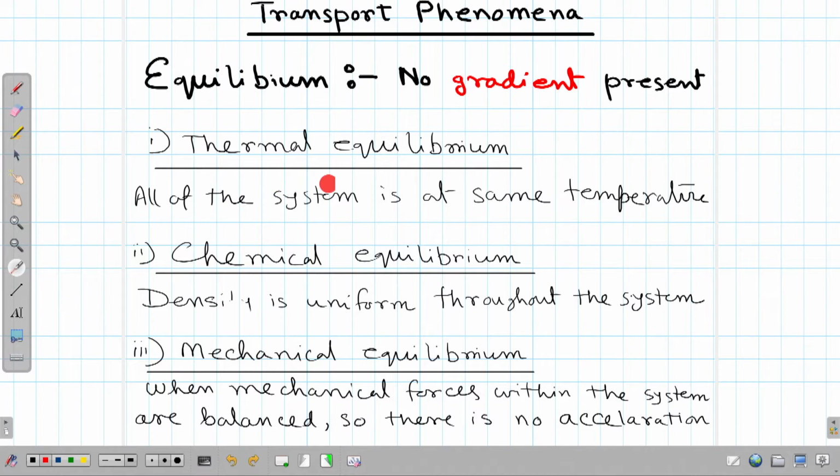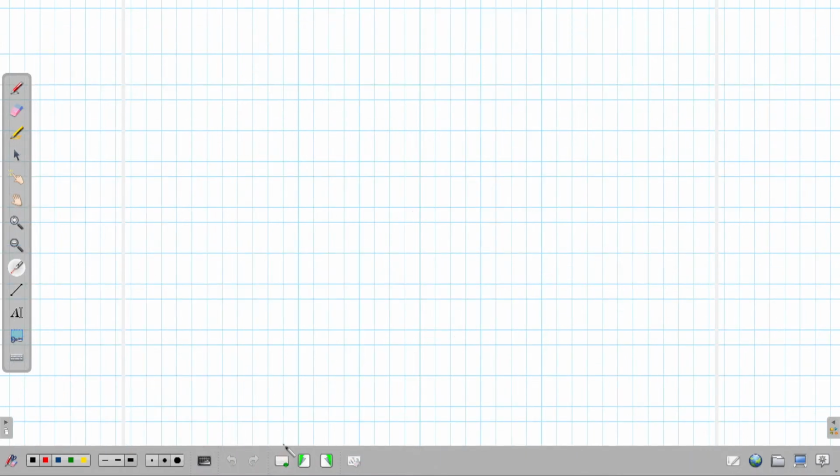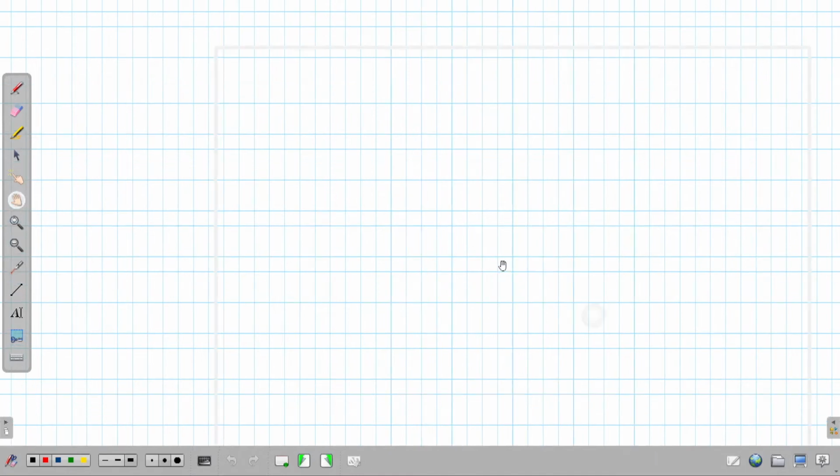So, thermal equilibrium is a state in which all the system is at the same temperature. Now, if we look back to the example of this drum, let me just try to draw this for you, then you will have a better feel.